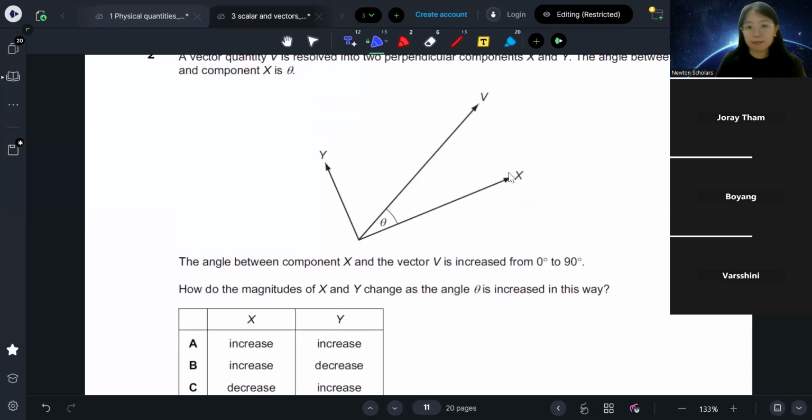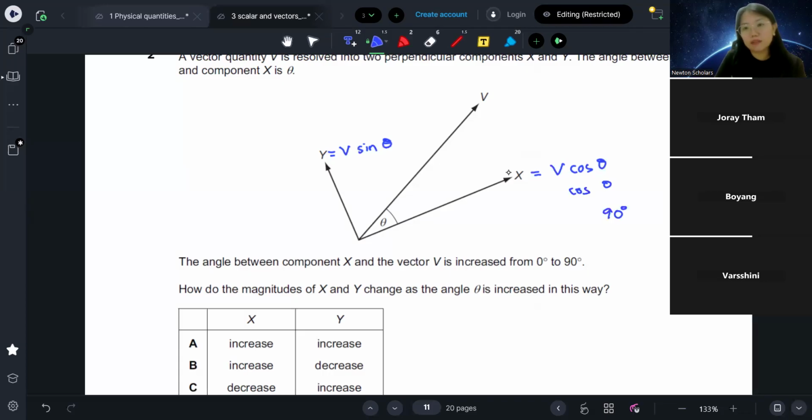First, the X. How do we find X? V cos delta, because the angle in between them uses cos. Y? Y is V sine delta. So they say increase this delta from 0 to 90.